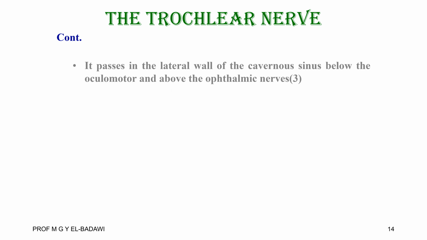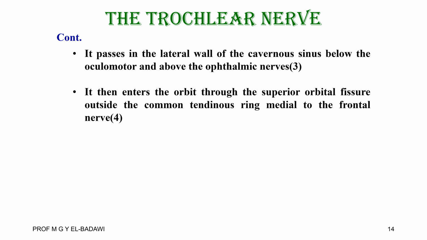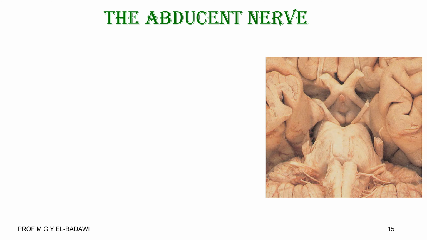Then it will continue passing in the lateral wall of the cavernous sinus, below the oculomotor above the ophthalmic, enter the orbital cavity through the superior orbital fissure, outside the ring, medial to the frontal nerve. In the orbit, it passes medially to enter the orbital surface of the superior oblique muscle, which it supplies.